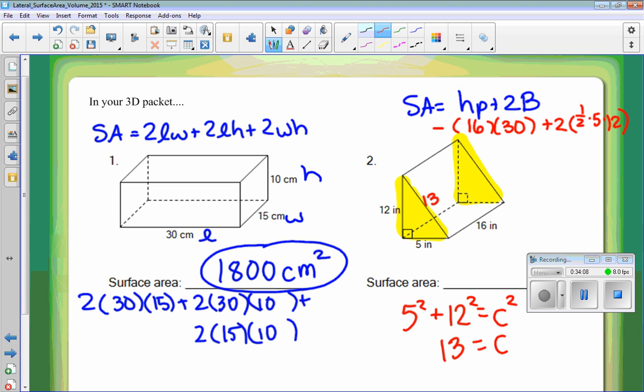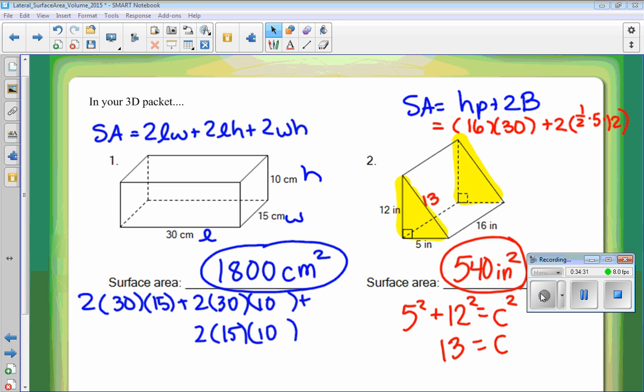So if we multiply all that together, what's the entire surface area in this case? I got several different answers. Let me see what I get. So I got 540 square inches. Remember, area, we have square inches.